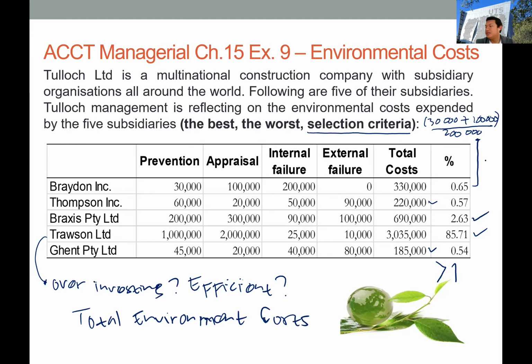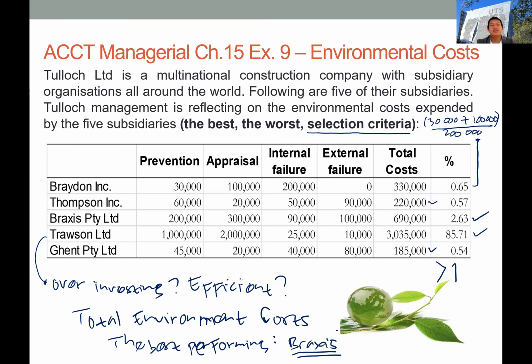By combining these two categories, I think we should select Braxis as the best performing subsidiary, because Braxis's investment is sufficient to cover the failure costs, and also the total environmental cost is not as high as Trausen.